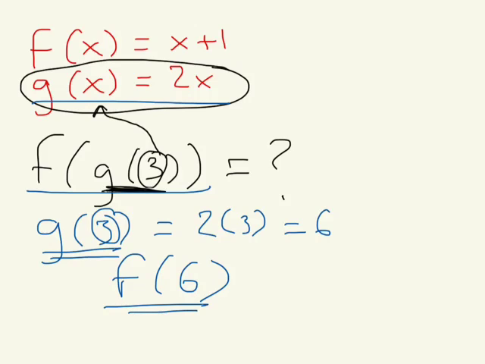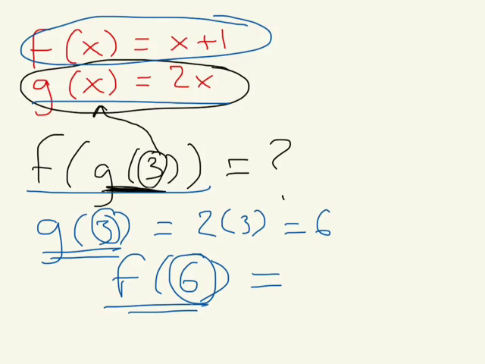Now this is an instruction for us to look at the f equation, and every time we see an x in that f equation, we're going to replace it with a 6. So we see f of 6 is equal to 6 plus 1, because it used to be x plus 1 here, but we're changing that x into a 6. So f of 6 equals 6 plus 1, 6 plus 1 equals 7. And that's our answer to our exit ticket question.